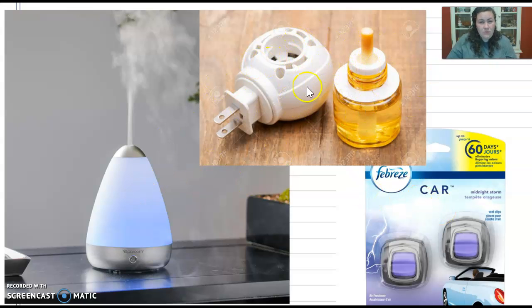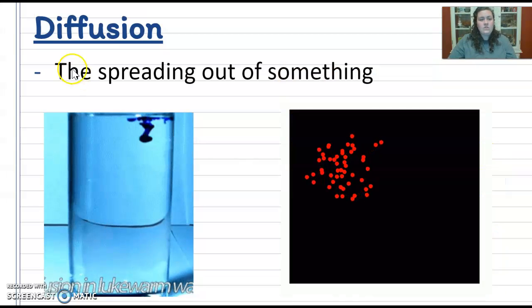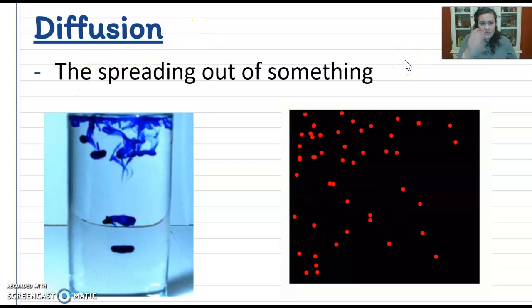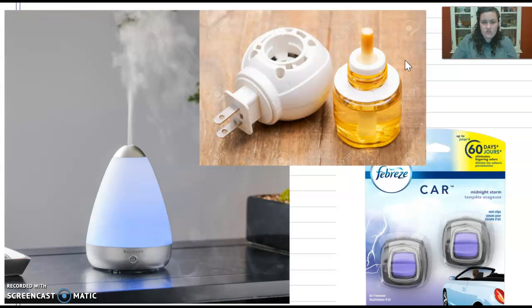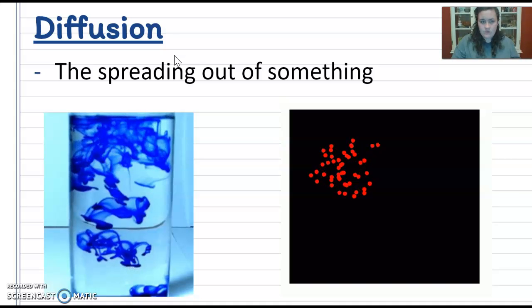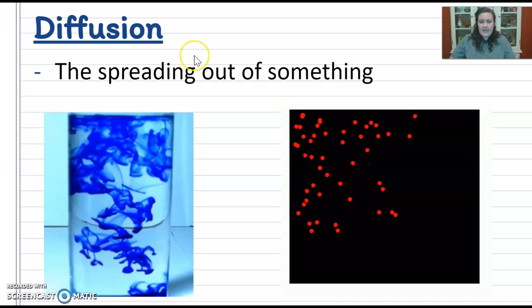These things are all pretty much the same kind of device, and they're called diffusers. Okay, so the word diffusion just means to spread out. That's what these devices are doing, taking that concentrated smell and spreading it out over the whole room. So diffusion is just the spreading out of something.